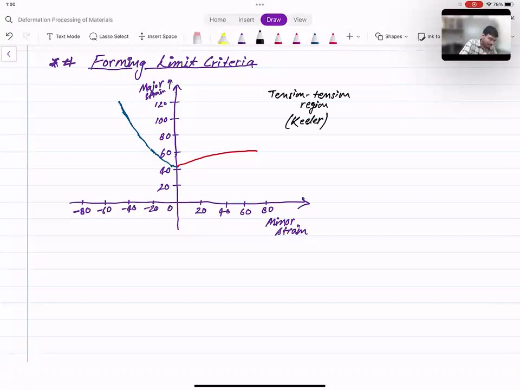And this one is the tension compression region. This was given by Goodwin. That's why it is known as the Goodwin-Keeler diagram.